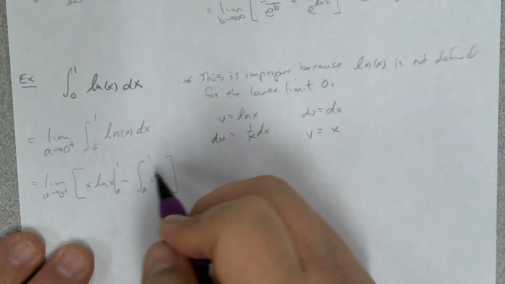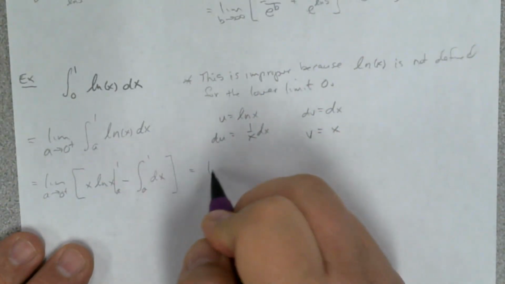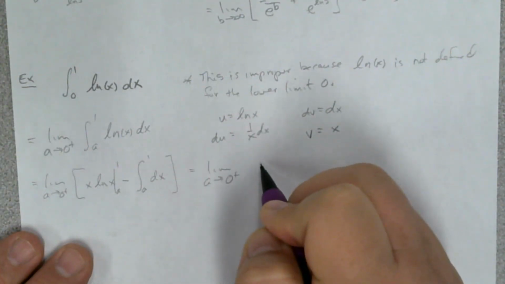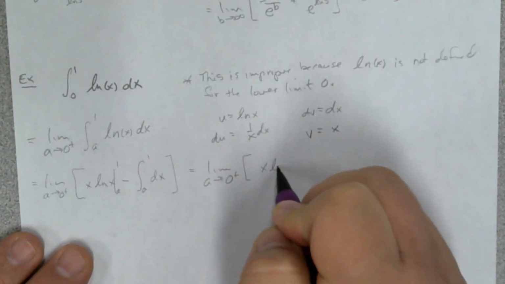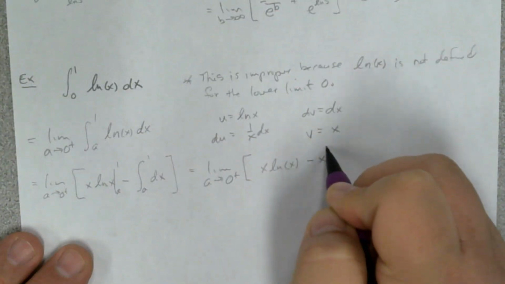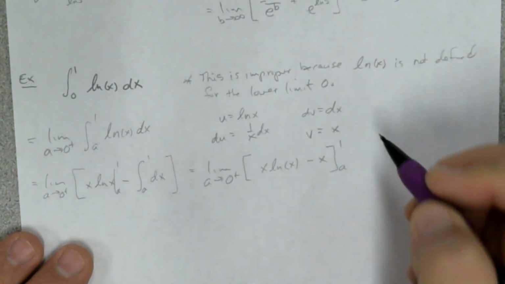And then we clean this up and we integrate that quick piece right here. And so now I have x times the natural log of x, minus x, and that's evaluated from a to 1.